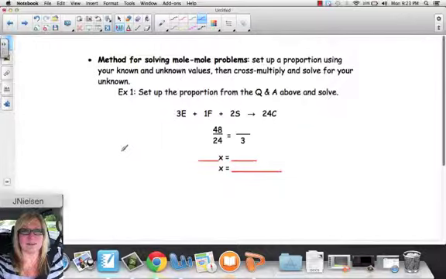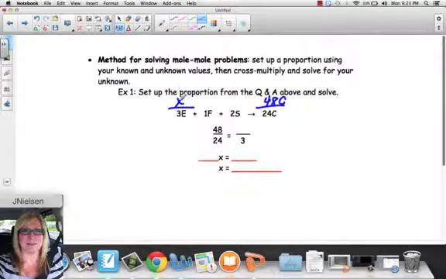A method for solving mole-mole problems is to set up a proportion using your known and your unknown values, then cross multiply and divide. This is exactly what I just did. Here they did 48 cookies over 24 equals x over 3.